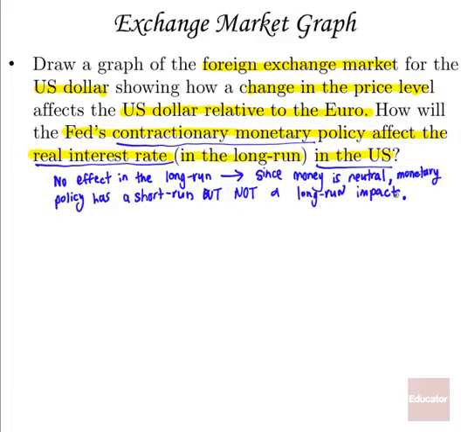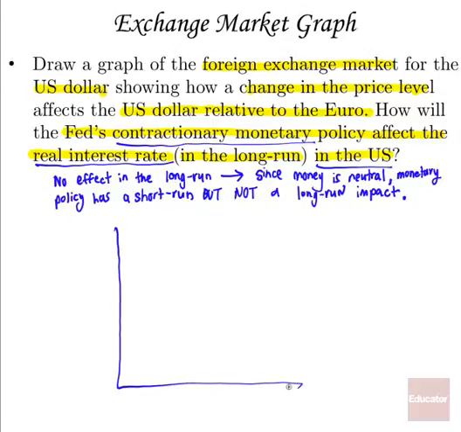So to be sure, short run impact does have an impact, but the idea is that in the long run, money is neutral. Money isn't really the whole point of the economy. The whole point of the economy is growing the economy, and money might stimulate one way or the other in the short run, but in the long run, money actually has no power to create economic growth. So let's draw a graph of the foreign exchange market of the US dollar here.